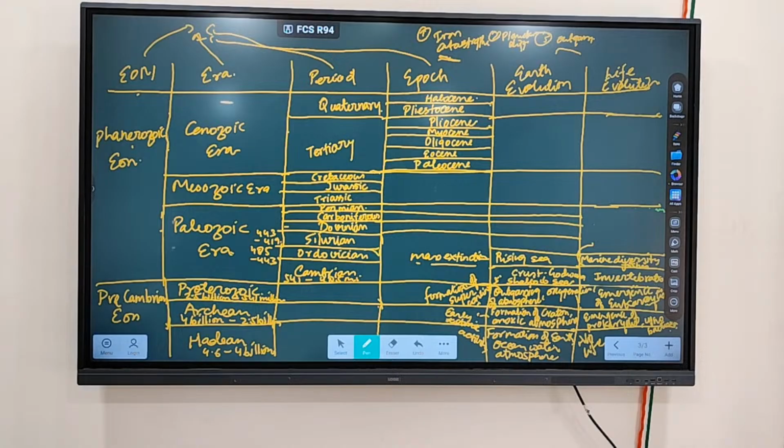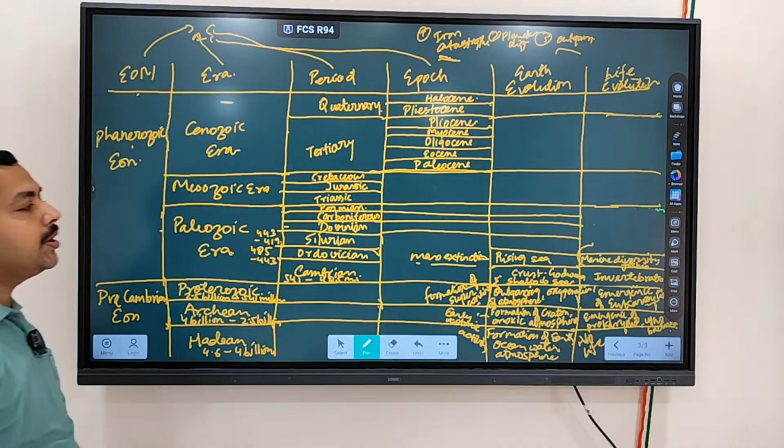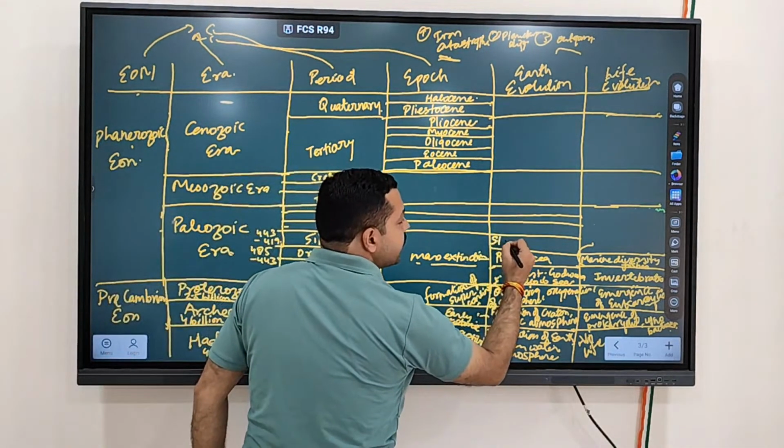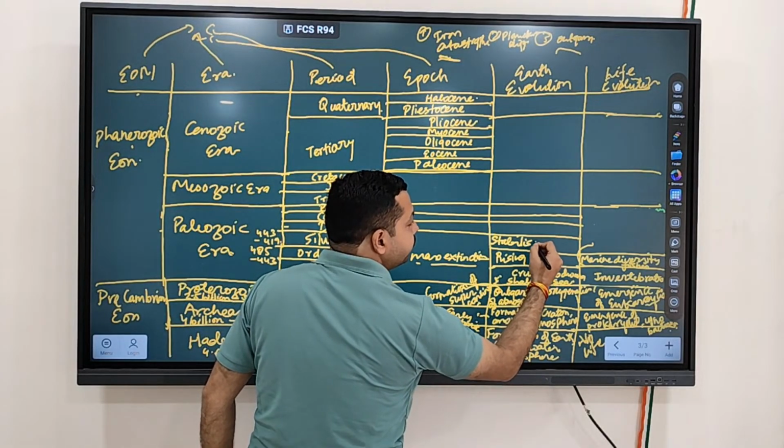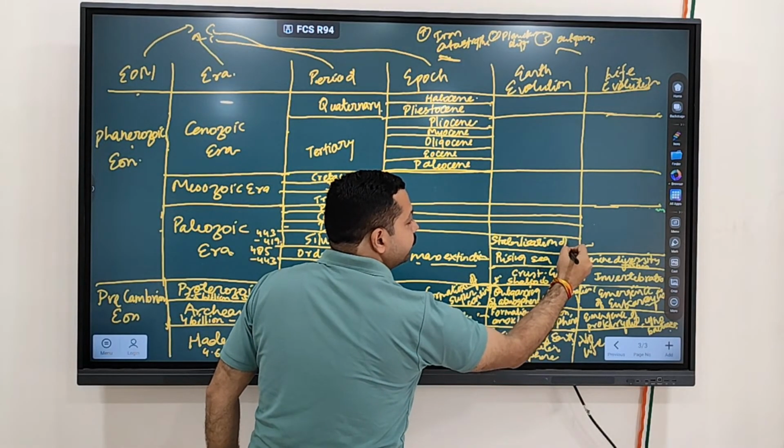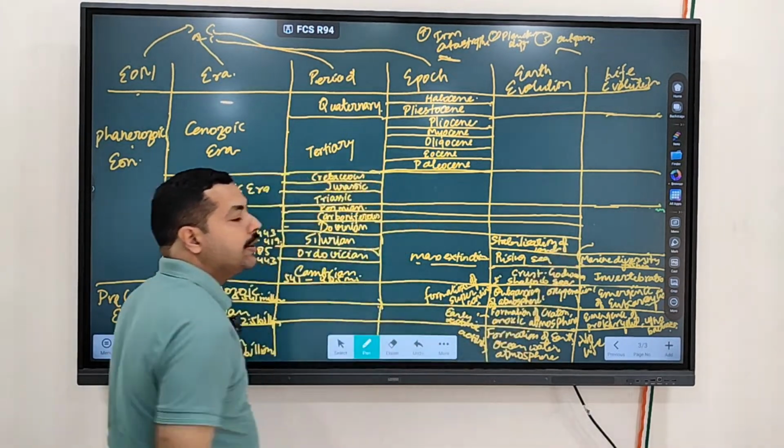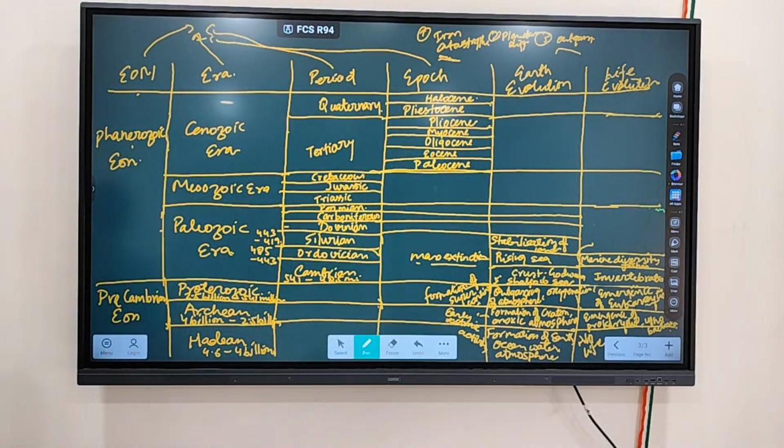What has happened in this period? Stabilization of land has happened, and as a result you see vascular plants emerging during this particular period. Any doubt? So what you are seeing in the Silurian period is land stabilizing.